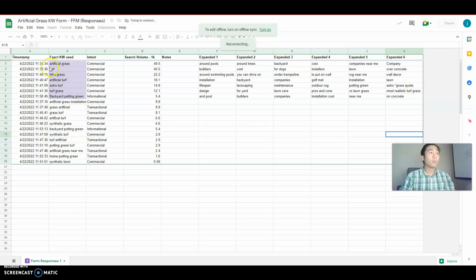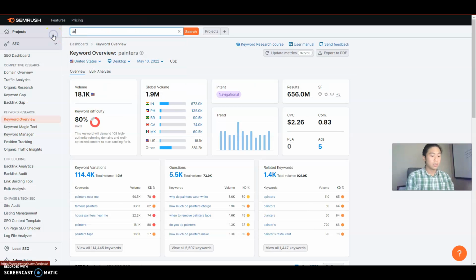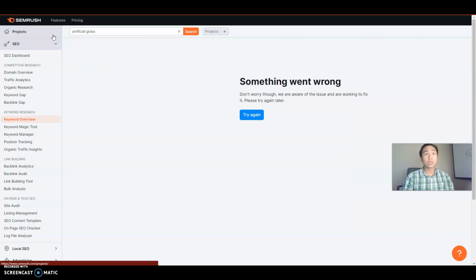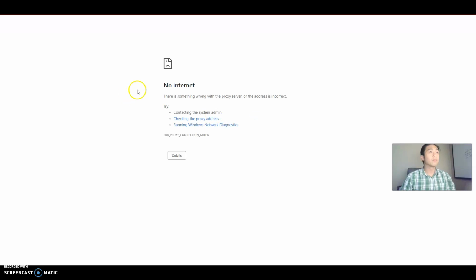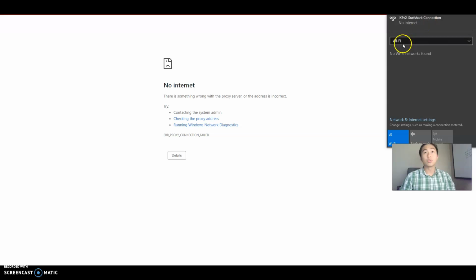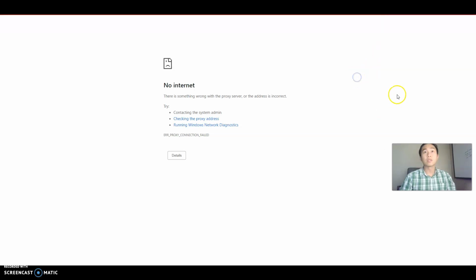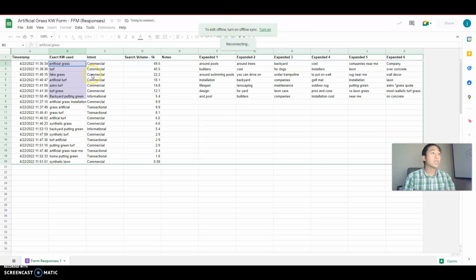First of all, before you even do that, you go into your keyword tool and you want to make sure that you're using the term that's most used nationwide. So in this case, it's artificial grass.